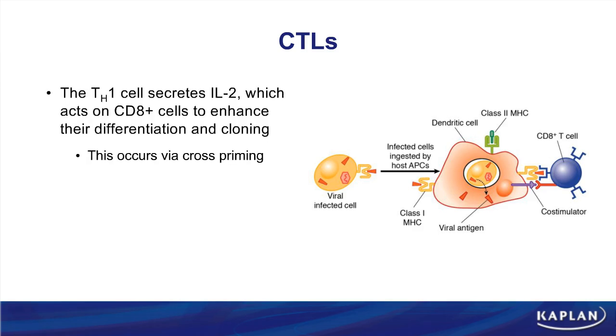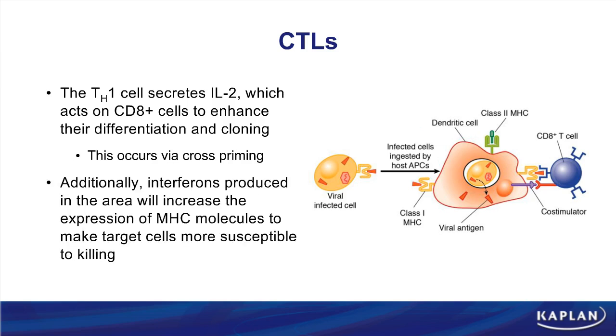Recall in cross-priming that an antigen-presenting cell, like a dendritic cell, can engulf an entirely infected cell, and you can actually have now on this APC the expression of class 1 and class 2 MHC against the same types of antigens.